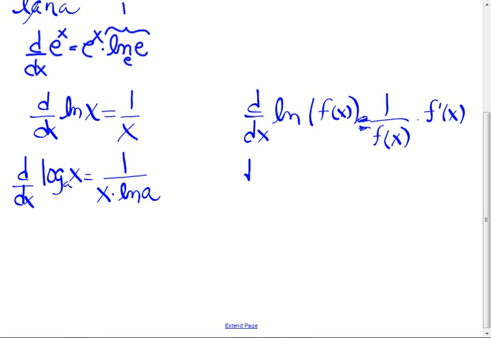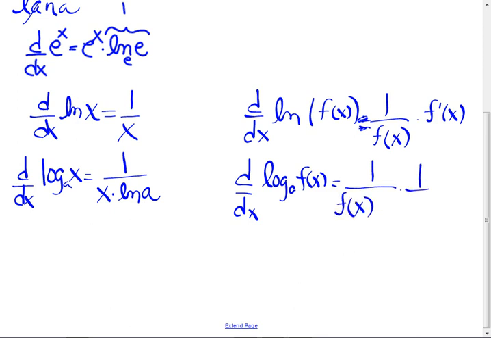So, we need more applications. Oh, we are going to. These are just the derivatives. We're going to do them. Oh, you just wait. What about the log base a of f of x? It's 1 over whatever's in there, f of x, times 1 over the log of the base, chain rule, times the derivative of whatever's in there.